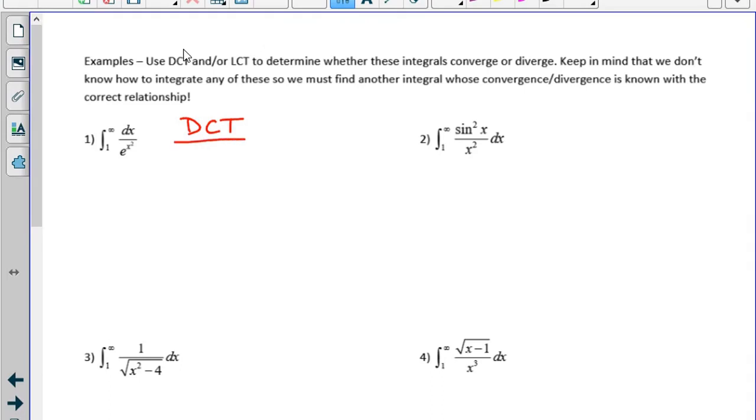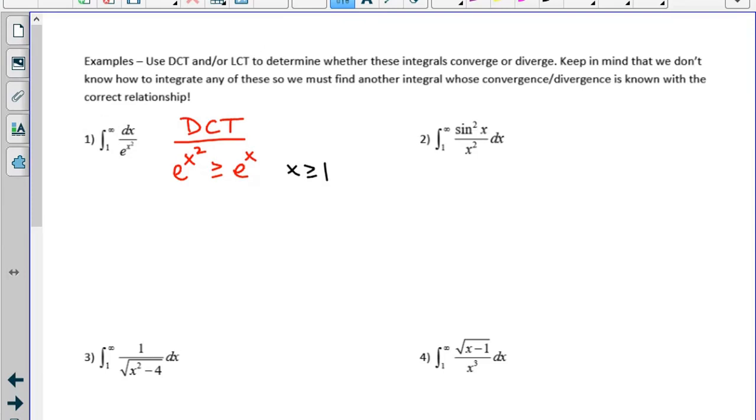And so we need to directly compare 1 over e to the x squared with something else. The first thing I'm going to notice is that e to the x squared is always greater than or equal to e to the x, as long as x is greater than or equal to 1. Since x is always greater than or equal to 1 in our problem, I can use this fact.